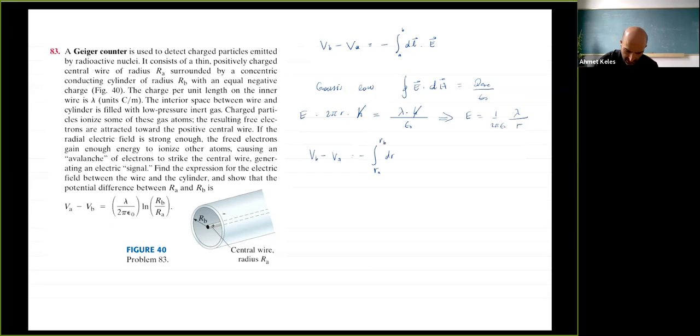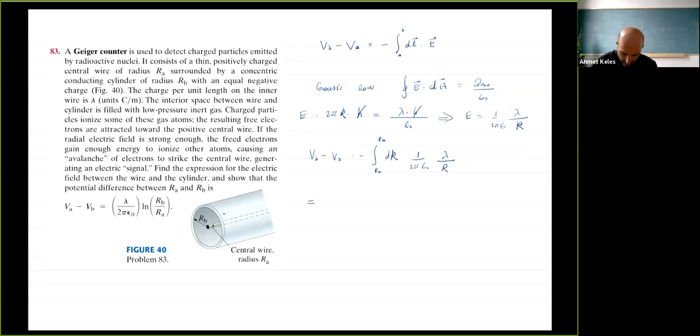Actually, they use uppercase R, so it's RA to RB. This is uppercase, which doesn't matter, but fine. Times 1 over 2 pi epsilon naught lambda over R.